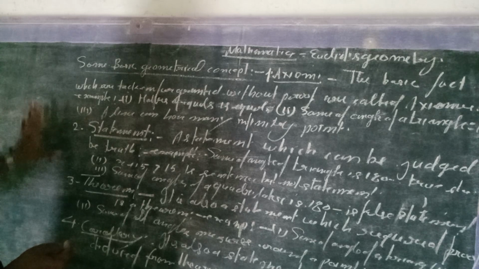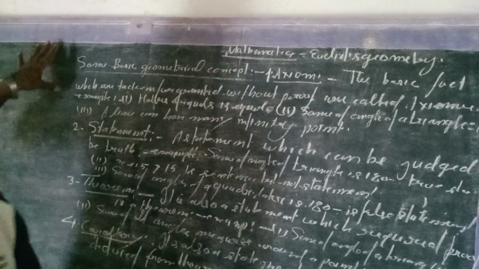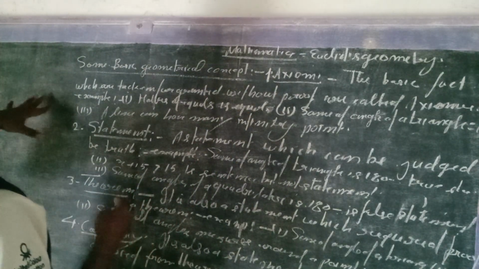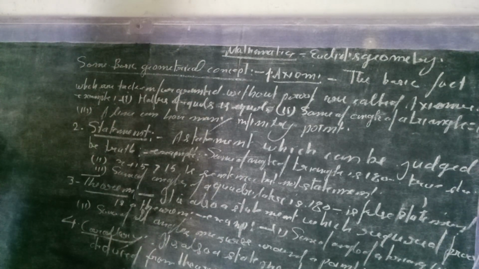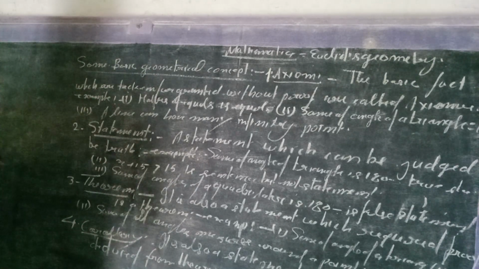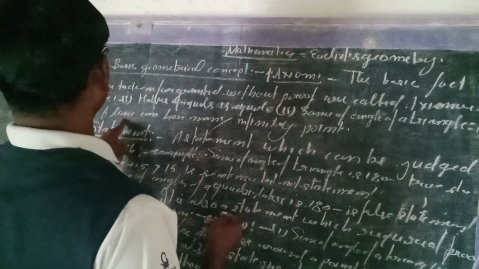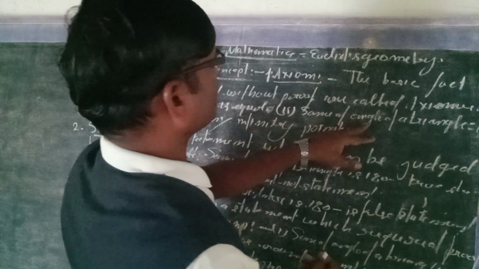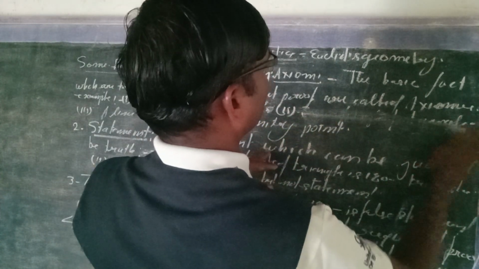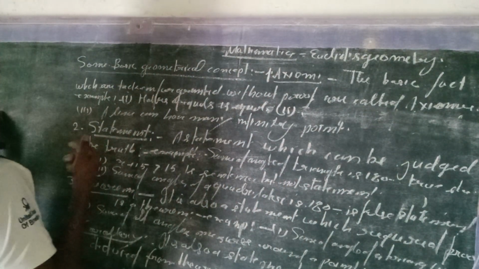Here are the statements, and all are associated with theorems and corollaries. The first is axioms, which are basic ideas. I gave you examples: halves of equals are equal, lines have infinitely many points. A theorem is completely true.